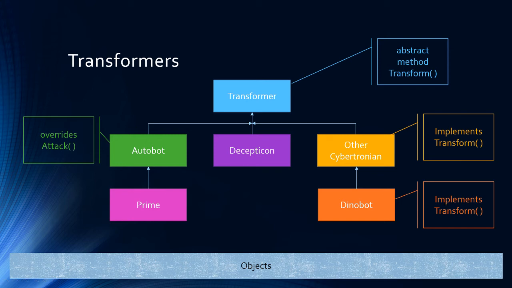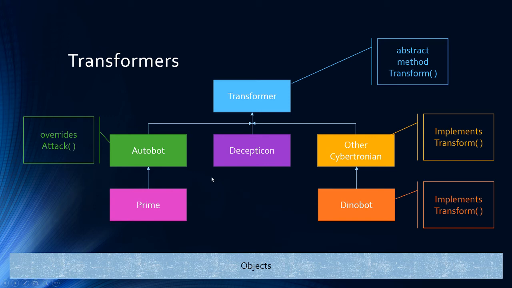So notice how the transform method can morph. It can morph from one thing to another. So in our other Cybertronian class, we might have one implementation of the transform method, and for a Dinobot, we might have another implementation of the transform method. They're all transformers, but that different implementation, the ability to create that different method, creates that polymorphism.